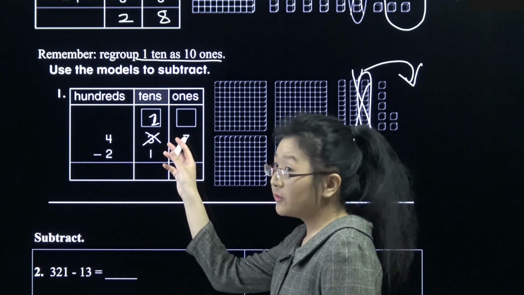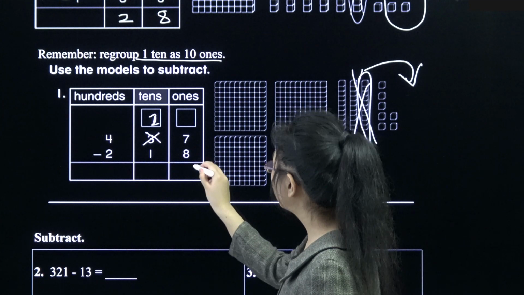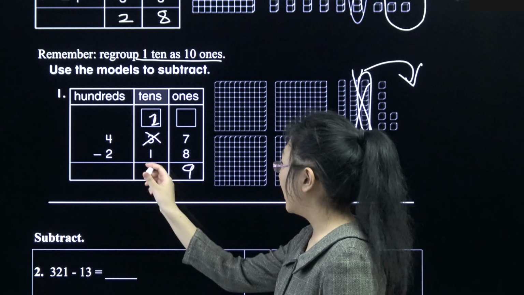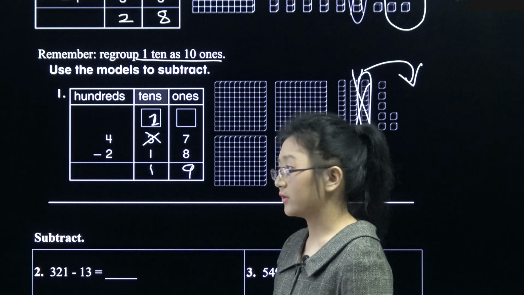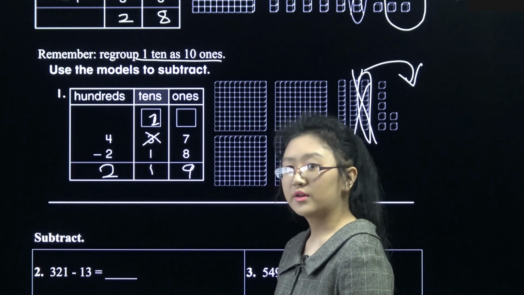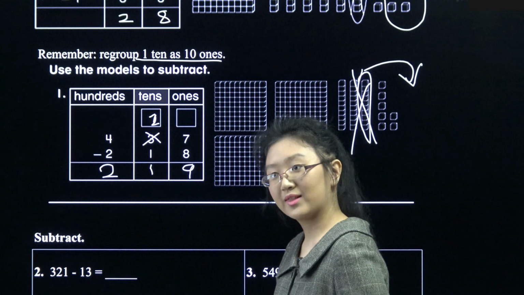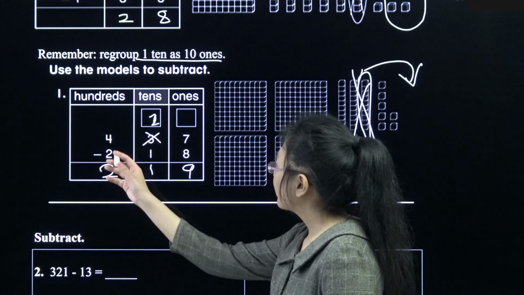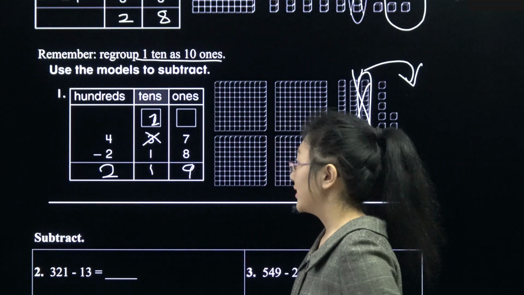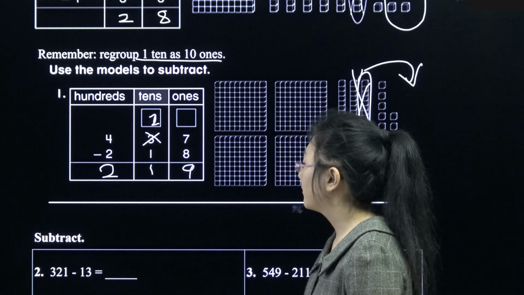So yeah, we move on. What's 17 minus 8? 9. What's 2 minus 1? 1. What's 4 minus 2? 2. Therefore is a synonym for so, and then we realize 437 minus 218 is 219.